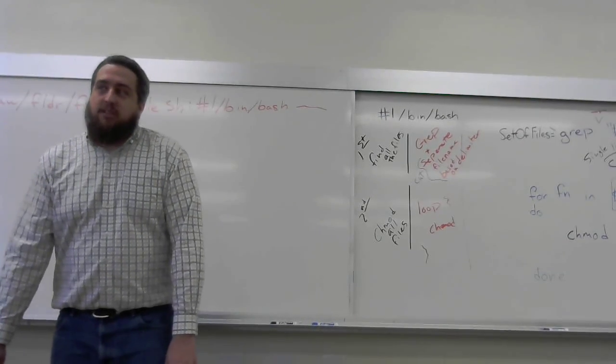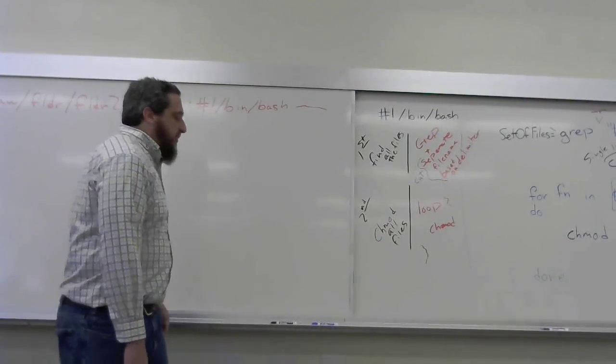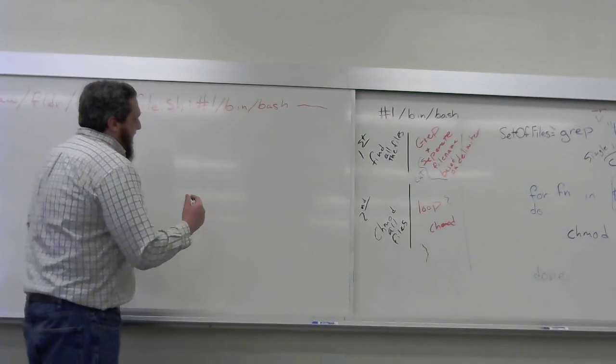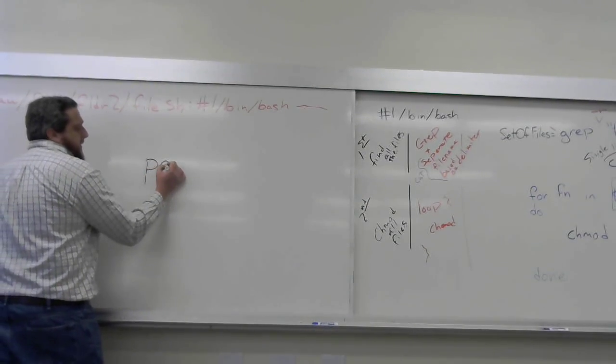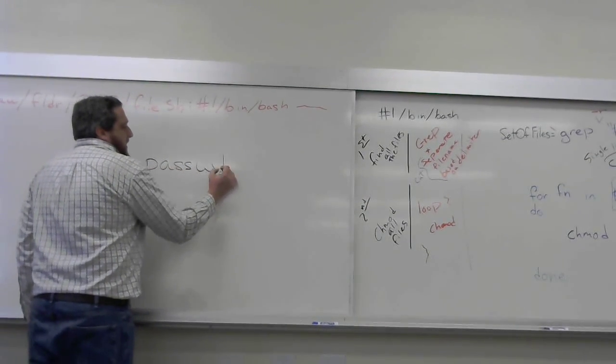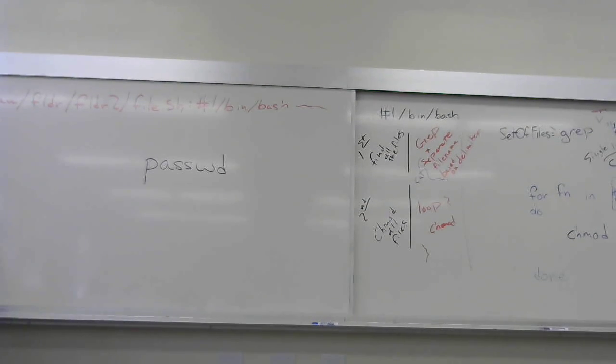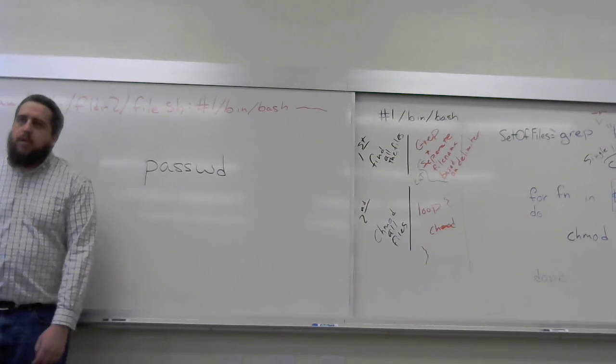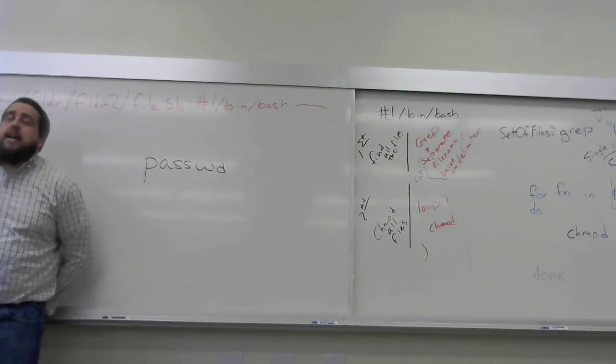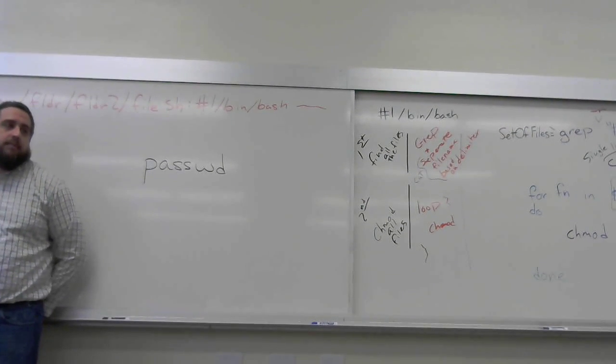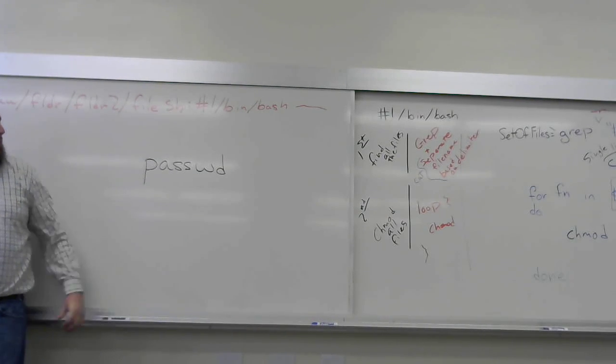You are allowed to change your master password. If you don't know how to change it, the passwd command, the password program, will allow you to change your password on your mass account. I suggest that you change your password on your mass account.